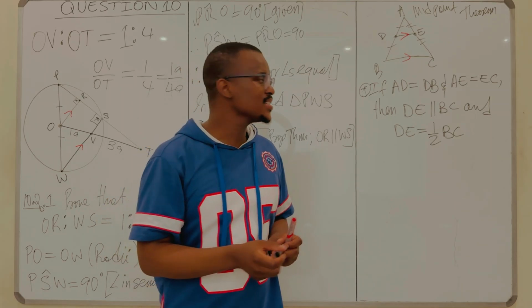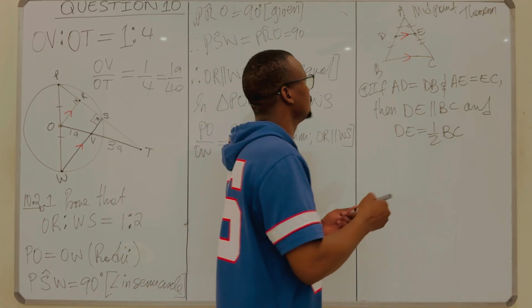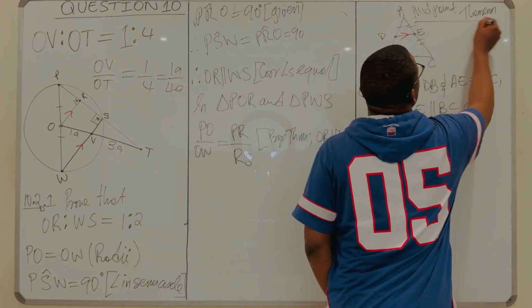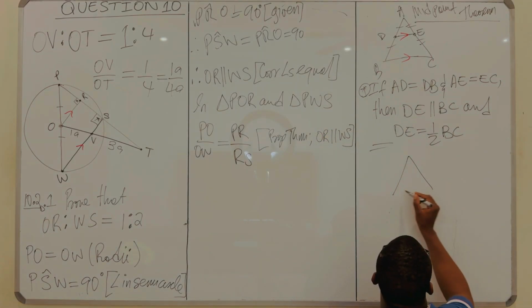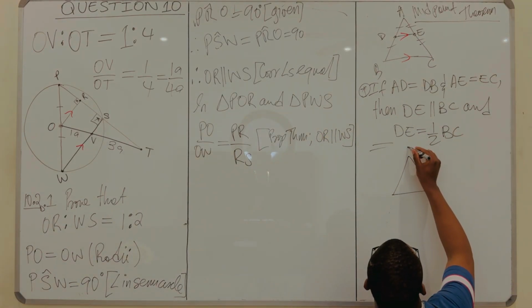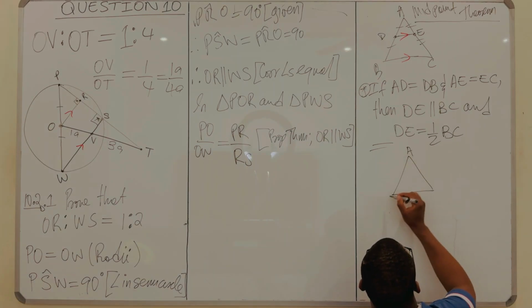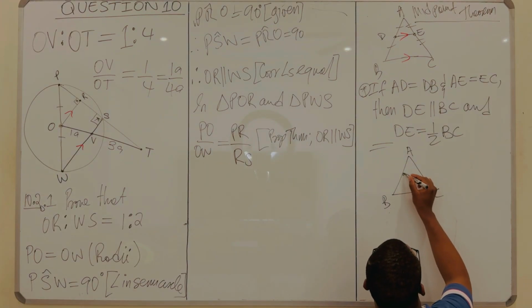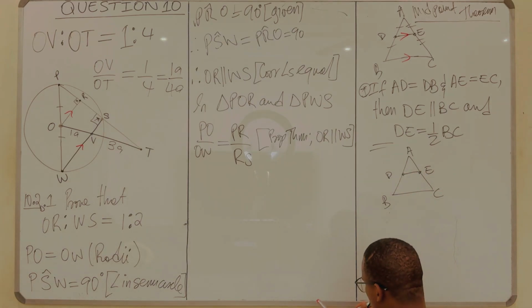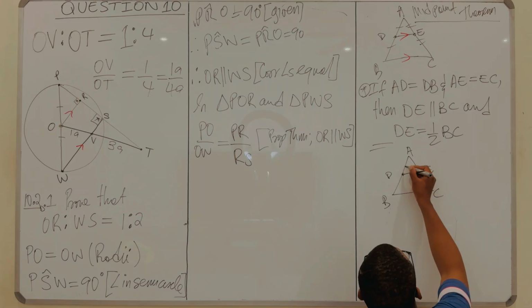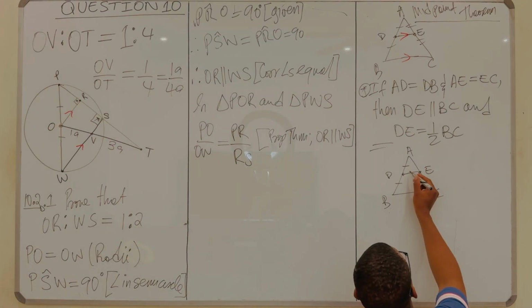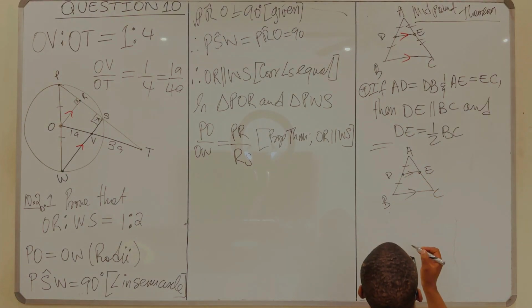The converse, what does the converse say, which is the other direction? So let's go to the converse. I'm going to say A, B, C. Let's say you have your DE here again. So what does the midpoint theorem converse say? Now this side is equal to this side, and you are told that this is parallel to that. So what can you learn from this?